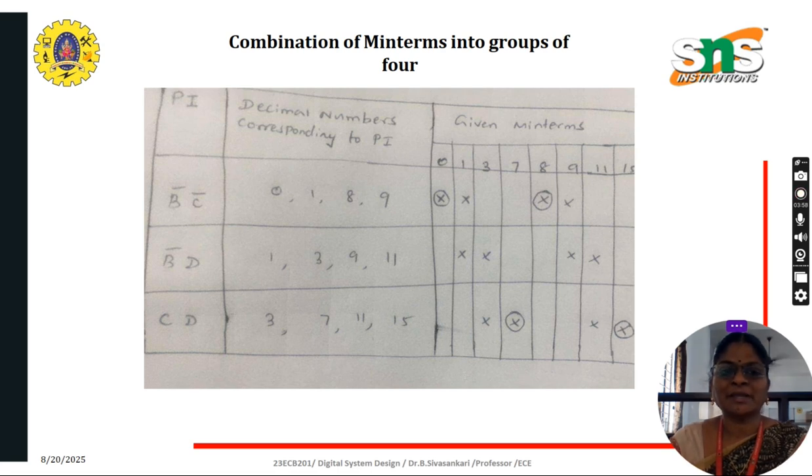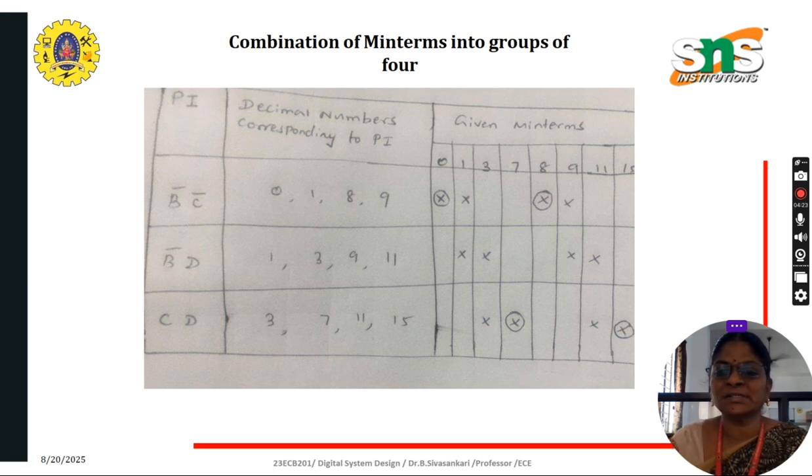So your columns are prime implicants, decimal numbers corresponding to prime implicants, then given minterms. Now you have to mark the decimal numbers corresponding to the prime implicants in the given minterms, like marking a cross. After that, you have to encircle the only one minterm which is available in a column.